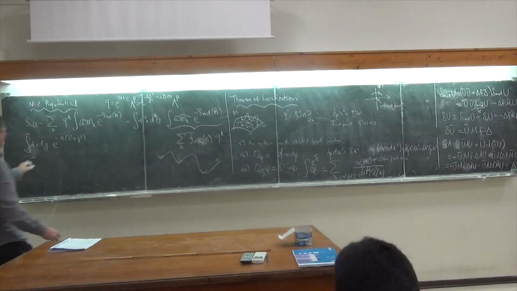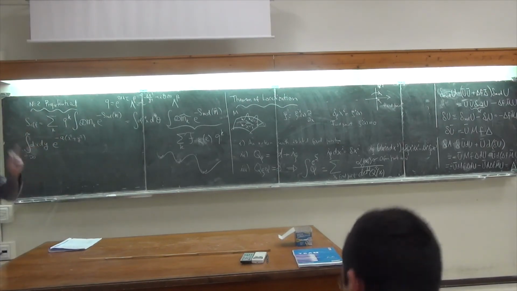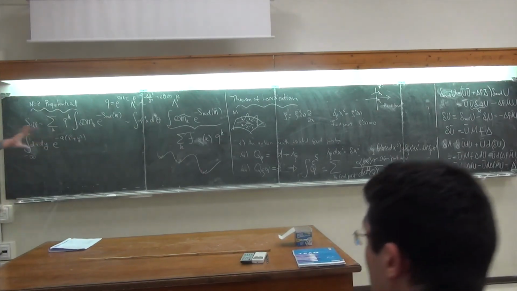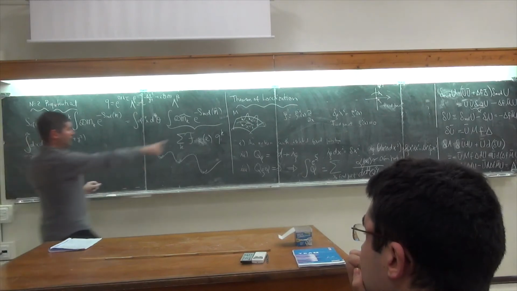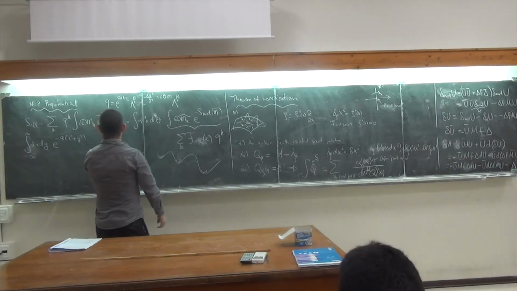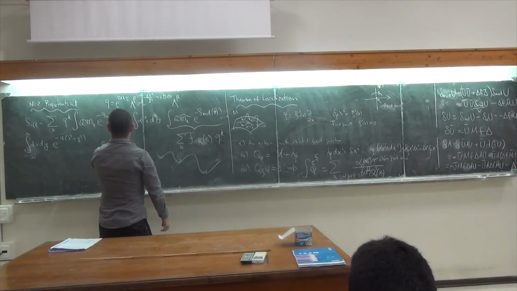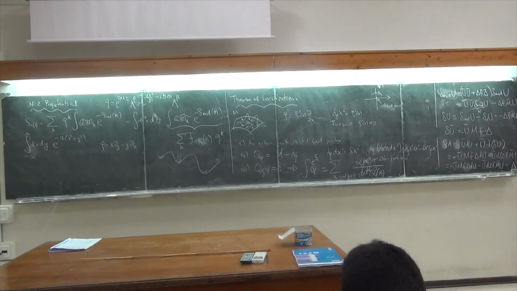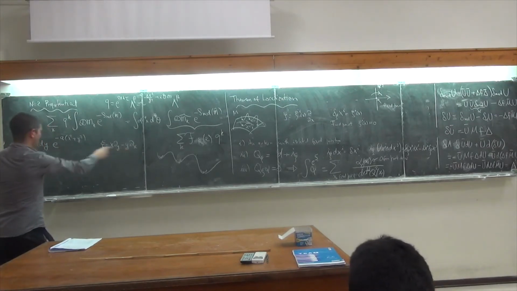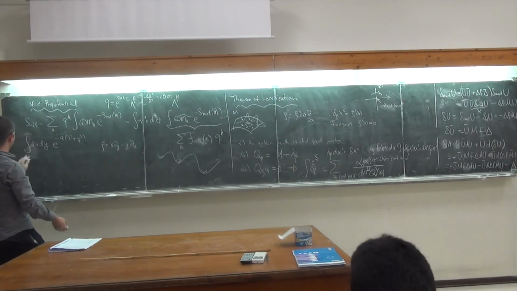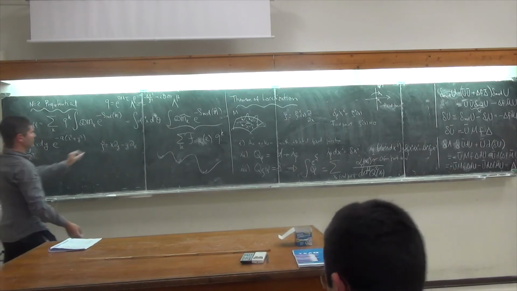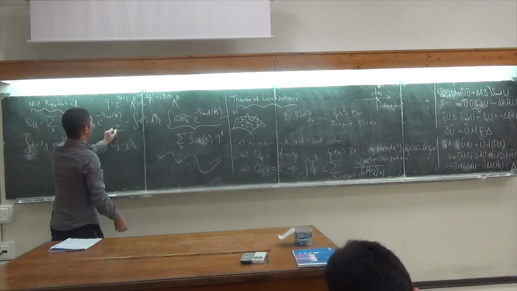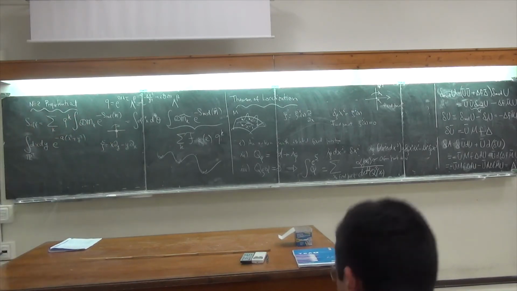You know the answer, but let's compute it using localization. What is the U1 action? The rotation, theta is x dy minus y dx. This is a U1 action on R2, and we have only one fixed point.